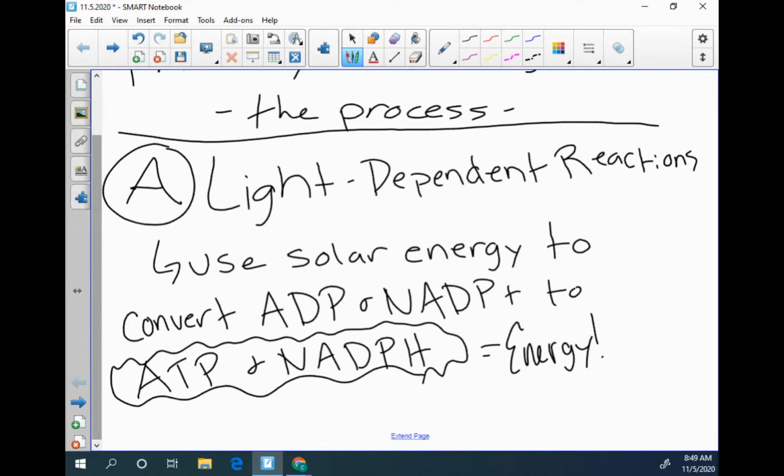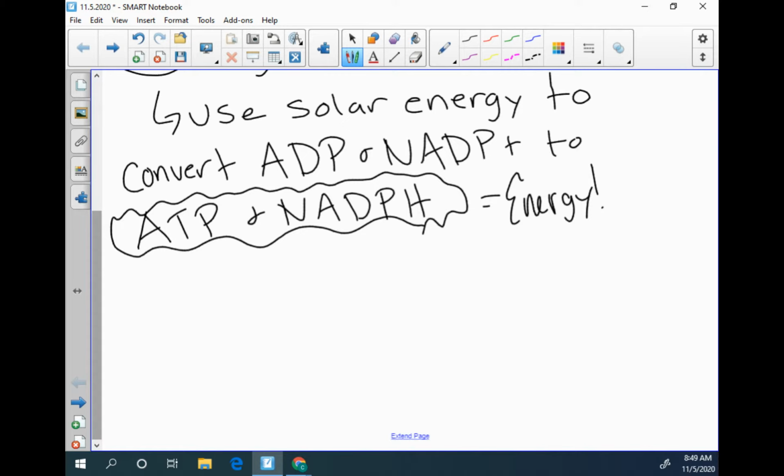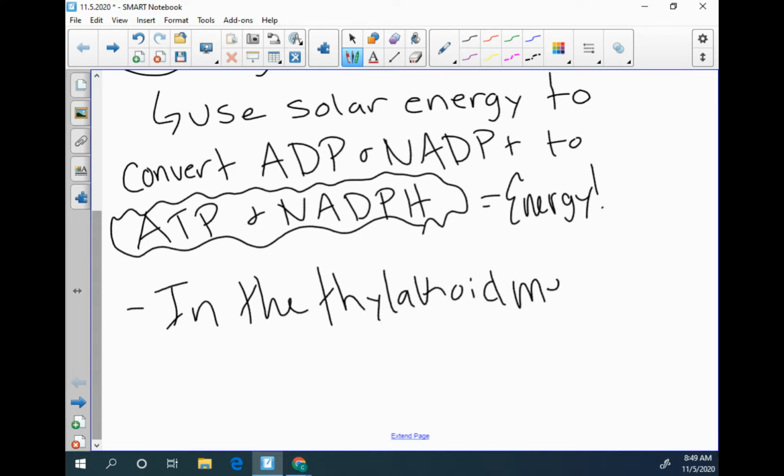So this process occurs in the thylakoid membrane. If you remember from yesterday, the thylakoid membrane are those flattened stacks of like little circles that are inside the chloroplast, the third membrane of the chloroplast.